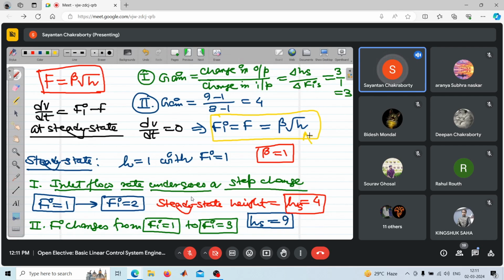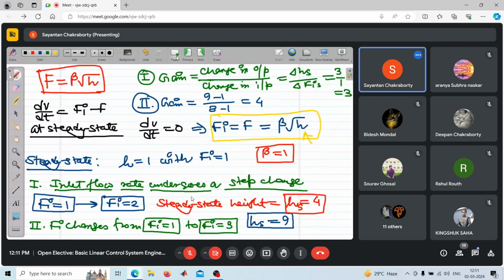So now the next question comes in: how do you analyze such systems? You cannot represent such nonlinear systems using a simple ordinary differential equation. So what we have to do, we have to consider a linearized version of this nonlinear equation.